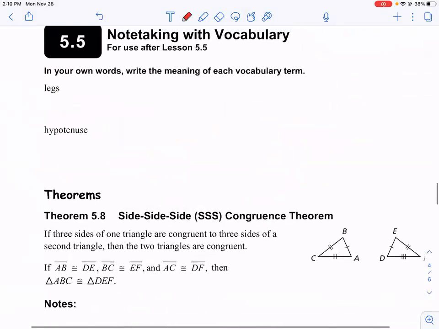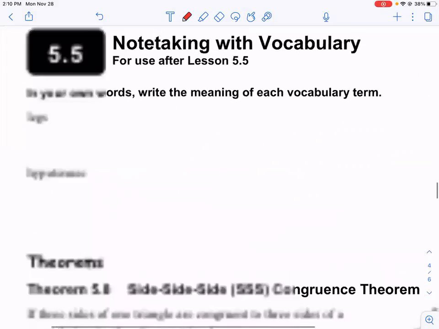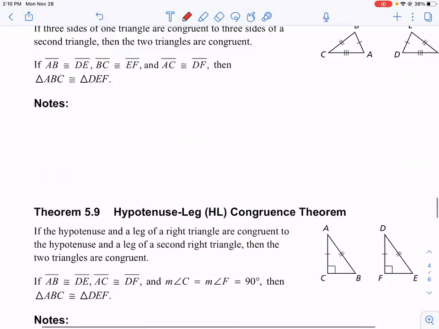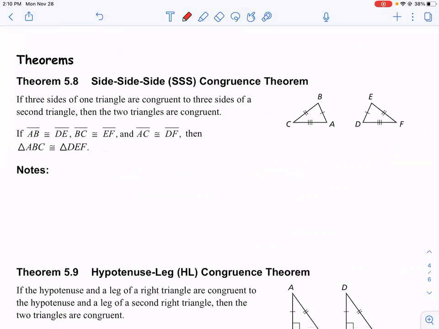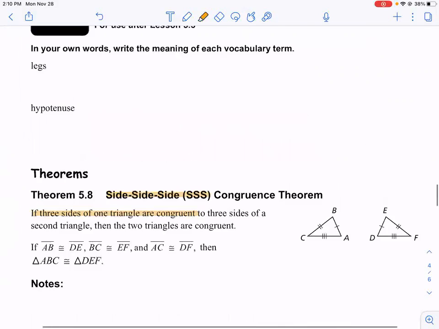Okay, so let's go ahead and talk about side congruence. So SSS, if 3 sides of one triangle are congruent to 3 sides of another triangle, our triangles are congruent.